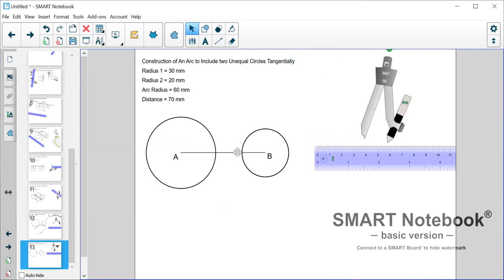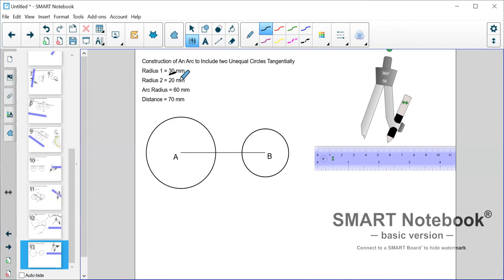Now, like we did for the previous construction, we have to find the center for that arc, which is 60. Right? We have to find the center. So in order to find the distance for the center, in this case, we need to subtract. Right? In the previous video, we had to add. In this case, we subtract. So we're subtracting R1, which is 30, from the arc radius, which is 60.